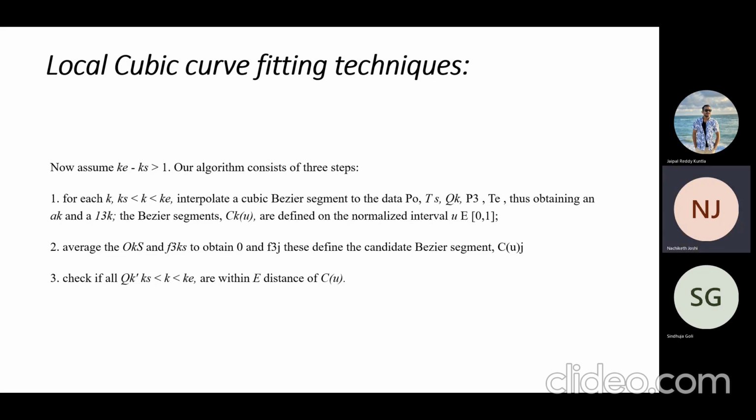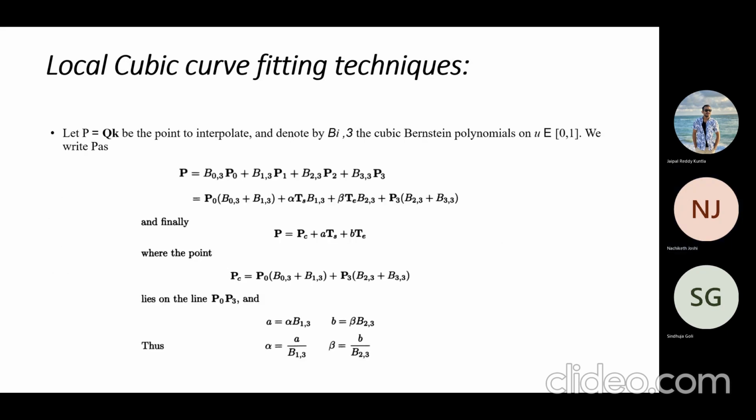Average the alpha_k and beta_k to obtain alpha and beta, where these define the candidate Bezier segment. Check if all Q_k, ks less than k less than ke, are within epsilon distance of C of u.